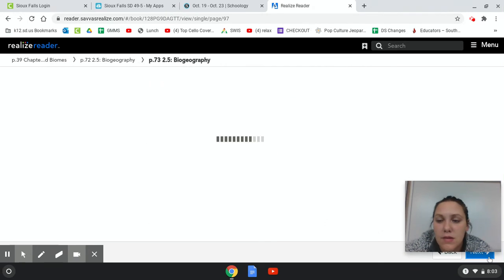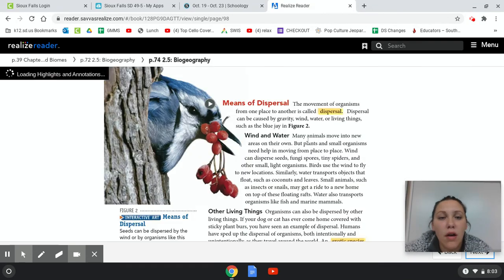So if you turn to page 74, here are some other different means of dispersal. So the definition for dispersal says the movement of organisms from one place to another. That could be confusing if you think back to immigration and emigration. It's how organisms move from place to place, but dispersal is just a little bit different.